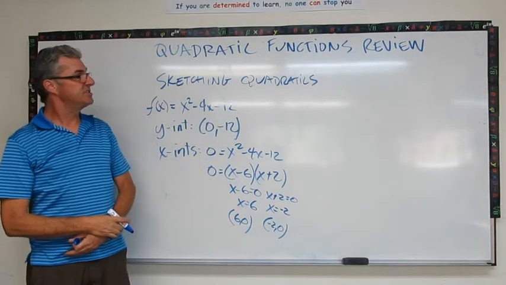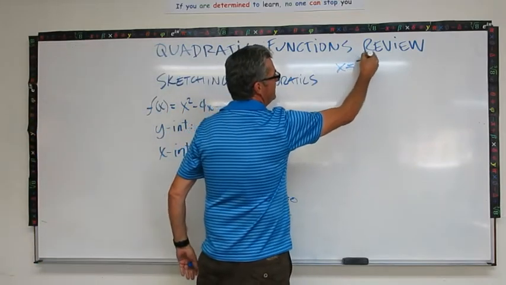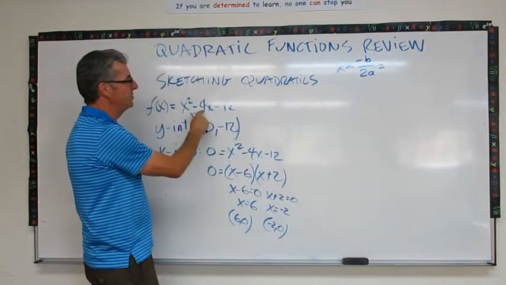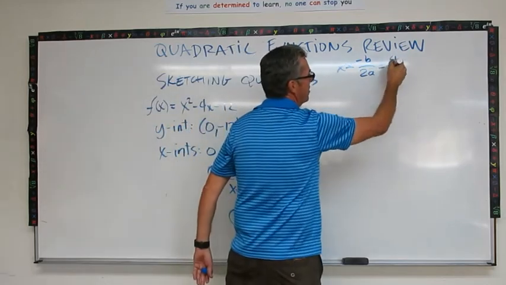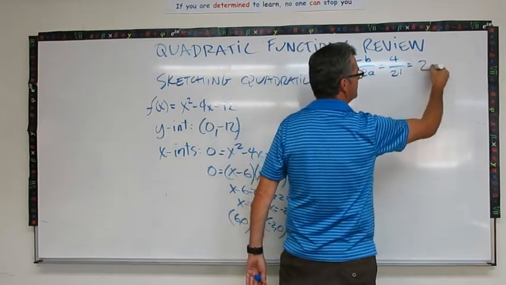Okay, let's find the vertex. We know that the x-coordinate of the vertex is given by negative b over 2 times a. b is negative 4, so negative b is positive 4 over 2 times 1. That's going to be 4 over 2, which is 2.